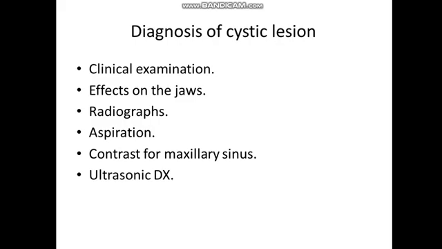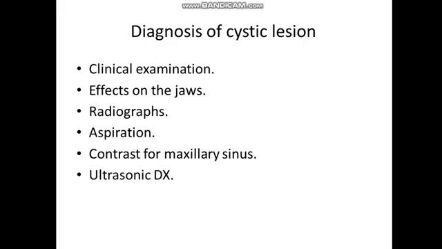So by injection of a contrast material within the maxillary sinus, such as barium sulfate, we can differentiate between the two. Ultrasonic could be used, actually, for soft tissue cystic lesions. Also there is biopsy, which helps in the diagnosis of the types of the cystic lesion.